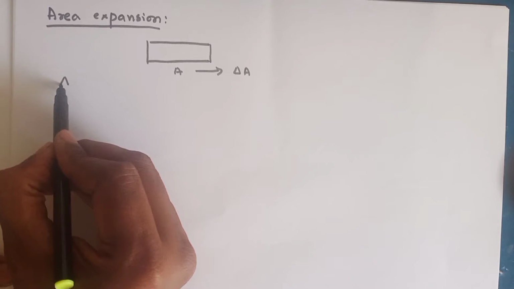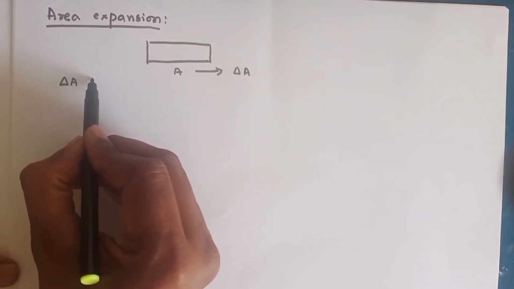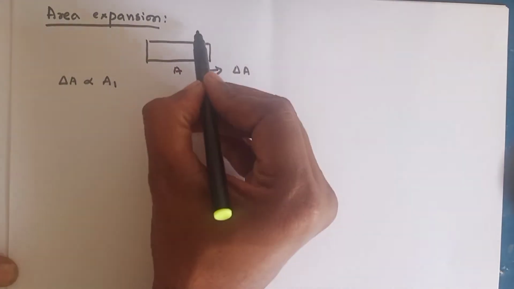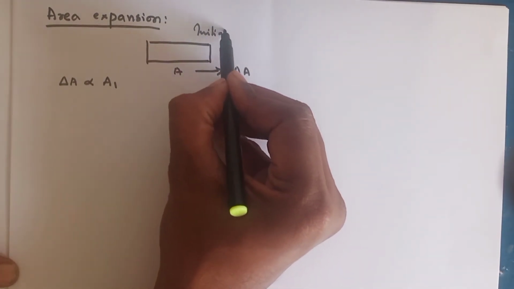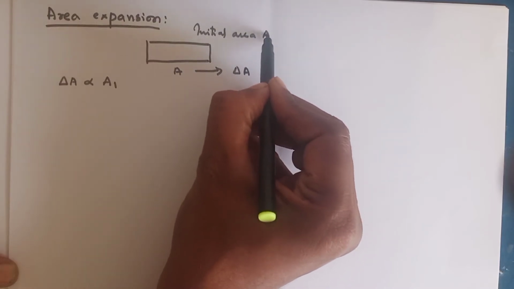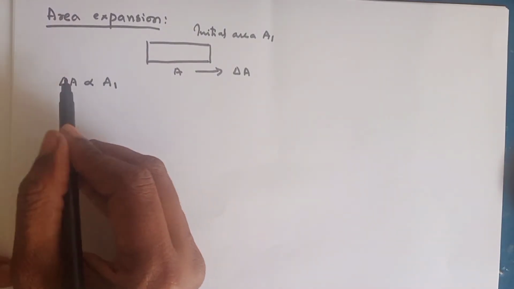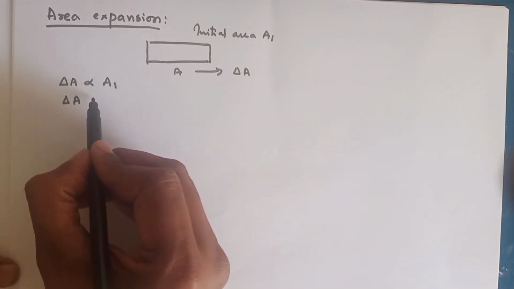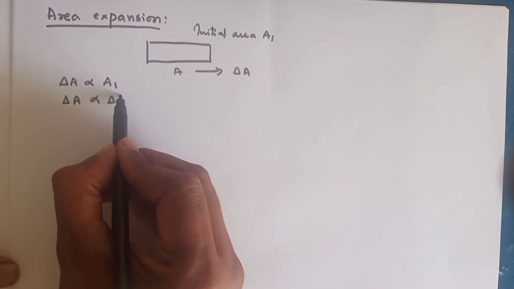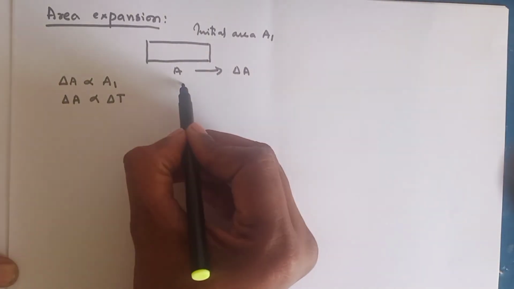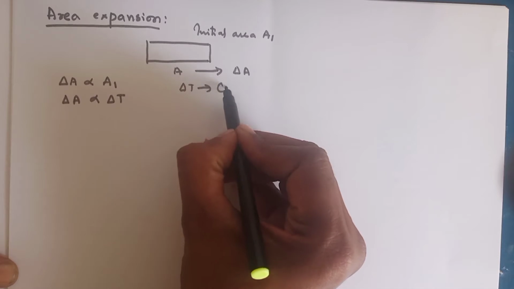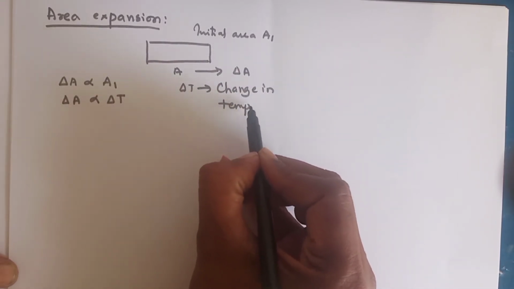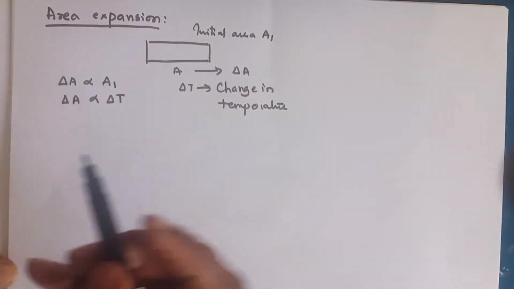So what happens? Delta A is proportional to the initial area A1. Next, delta A is proportional to delta T, which is the change in temperature. Right.